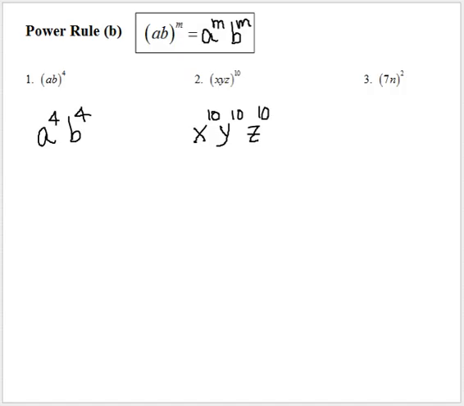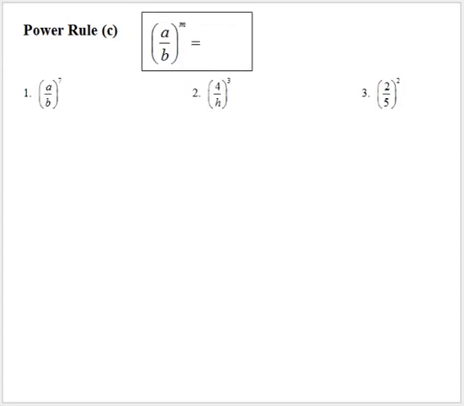And the last one, you have 7 to the power of 2, n to the power of 2, and we can write this as 49 n to the power of 2. All right, very good. Let's take a look at the next one.